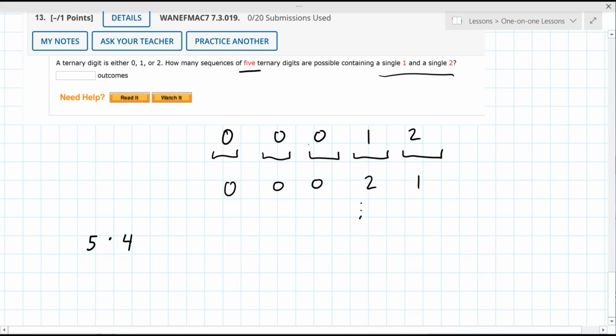We don't know which one, but we know there's 4 positions it could go in. After that, whether we picked a 1 or a 2, the other one is forced into only one position. So the shortcut here is n times n minus 1 always for this problem. But I don't think that's really an acceptable thing here.